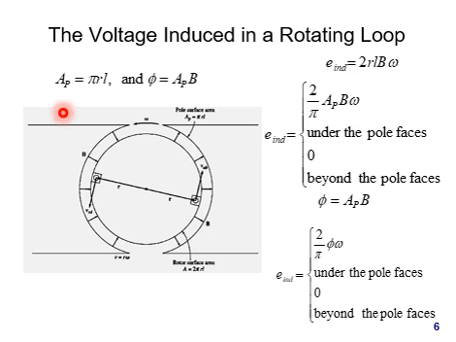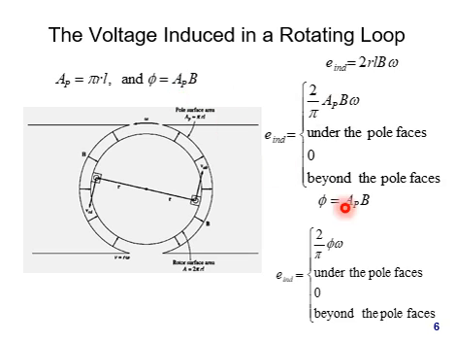But there are some other terms in which the induced voltage can be written. If it is considered that A_P is equal to pi r L, then this 2 r L B omega can be written in terms of A_P.